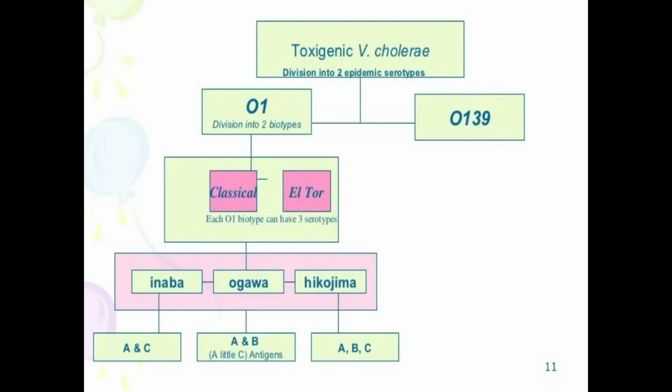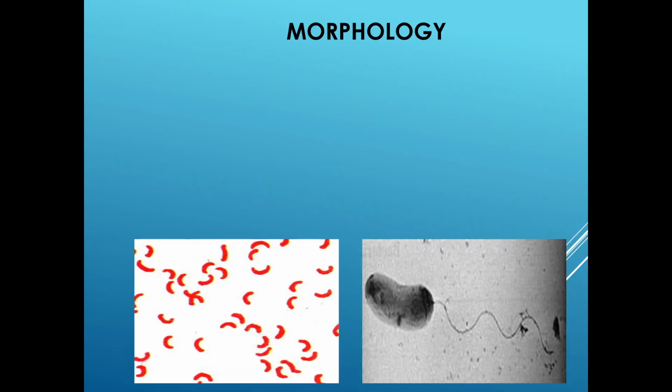I will explain why this classification is present. The O1 serogroup is also classified into Inaba, Ogawa, and Hikojima serotypes by A, B, and C antigens.